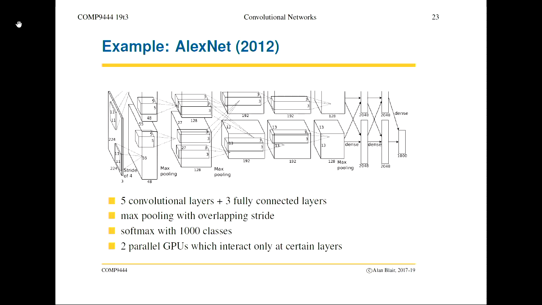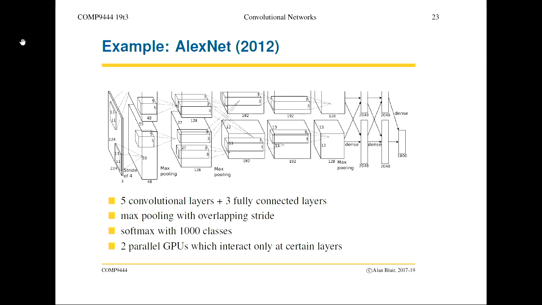So they used 2 GPUs, and the 2 GPUs operated largely independently, but had some interaction. In this diagram, the bottom shows one GPU and the top shows the other. It's a bit hard to see these numbers, but if you blow this up, the original image is 224 by 224, so much bigger images.